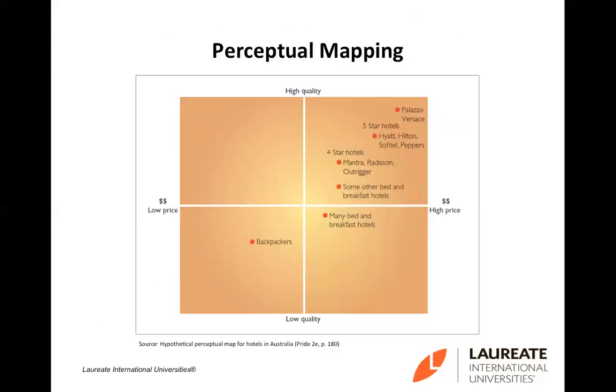Now, how do we establish a positioning strategy? The first thing that marketers would normally do is establish the positioning analysis. In doing that, marketers would normally use what we call perceptual mapping or positioning mapping. This shows the hotel industry in a hypothetical perceptual map, using quality and price to map all hotel brands in the market.